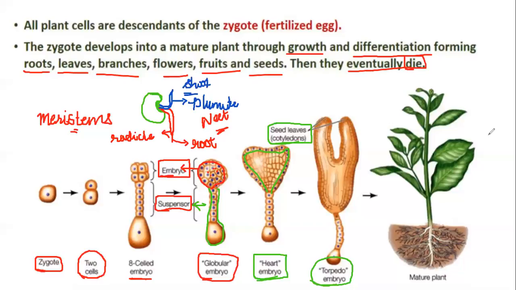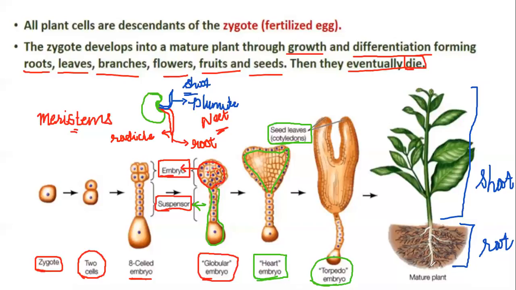The part of the plant above the soil is known as the shoot, and the part below the soil is known as the root.